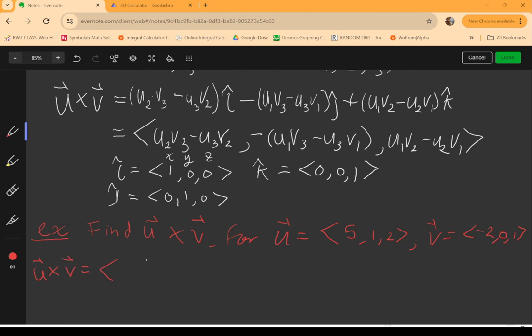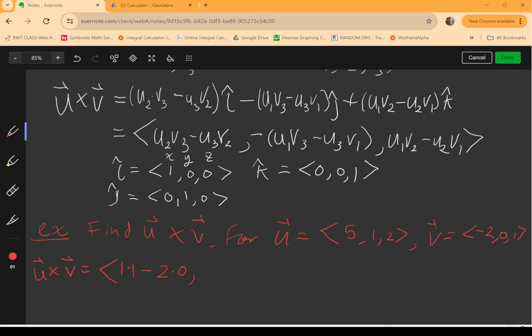and this states, for our first component, u2, which is 1, times v3, which is also 1, and then subtract from that u3, which is 2, times v2, which is 0. All right, so that's my first component.